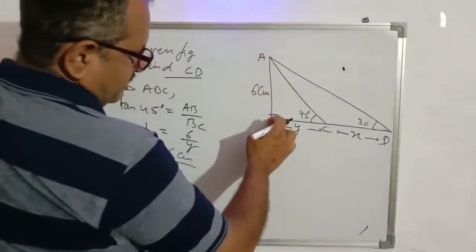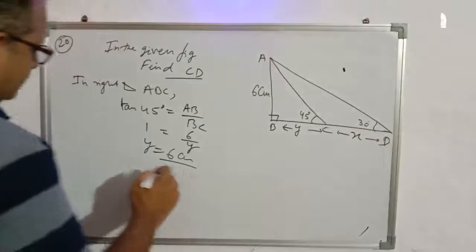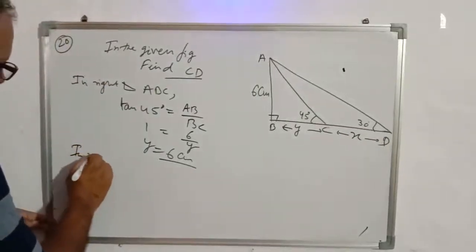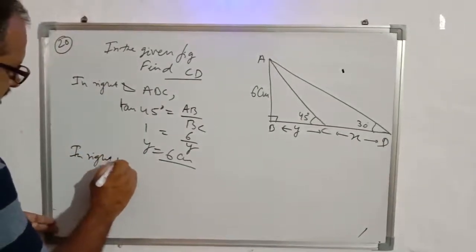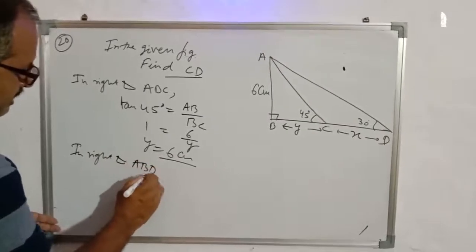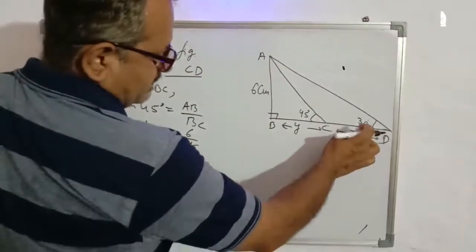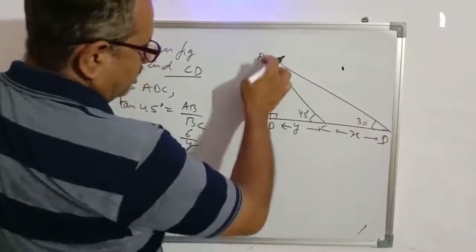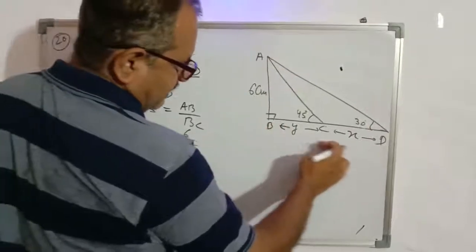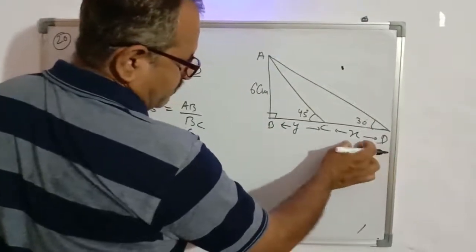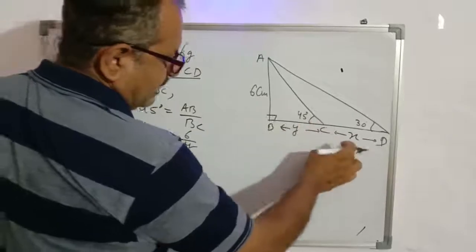Now in right triangle ABD, with 30 degree, we will take tan 30 because perpendicular is 6 and base is BD. We have to find X. Again we will take tan 30.